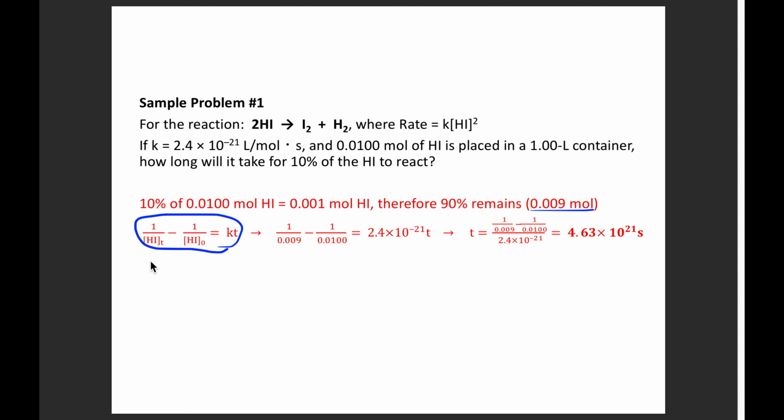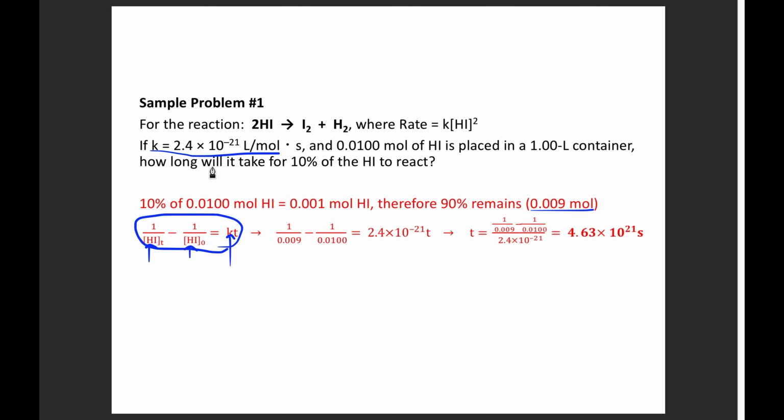So that's going to be this value right here. And you have your original 0.01 molar concentration at time 0, at the original start. So that's going to be plugged in right there. And then you have your K, which we can plug in right there. So we have all three of these values. Now we need to solve for t.